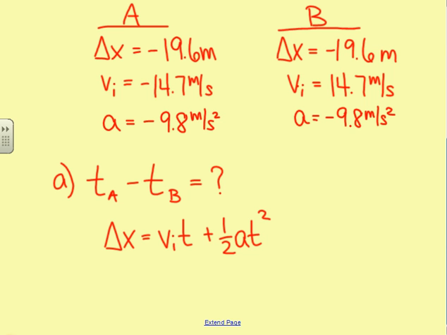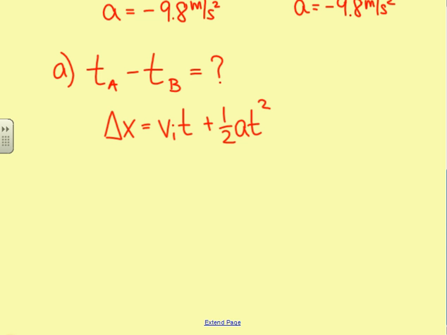Okay, I'm going to pause here for a second. To be able to solve for time in this equation, because this is a quadratic equation, I'd have to use the quadratic formula. Now, if you're comfortable using the quadratic formula, by all means go ahead and use it. But if you really would like to avoid using the quadratic formula, there's another way.